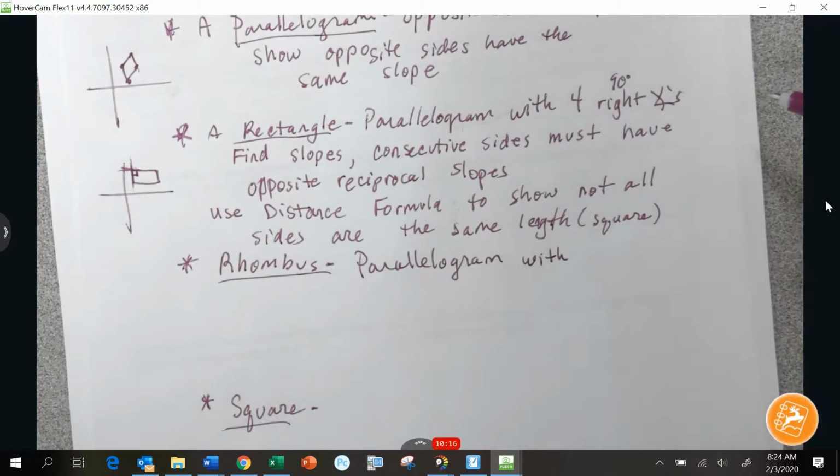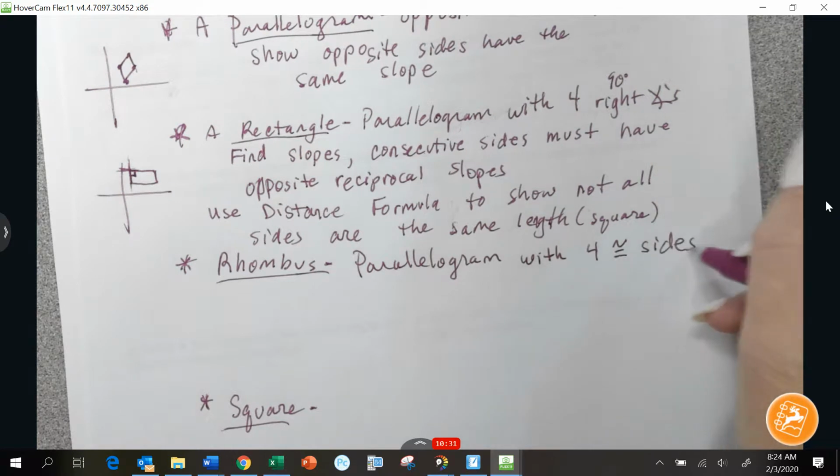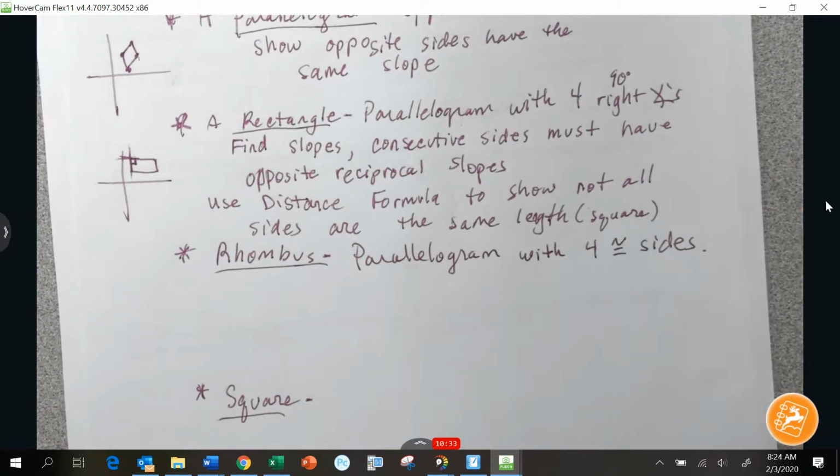What's the definition? Is it a parallelogram with all four sides equal? With 4 congruent sides. Okay.